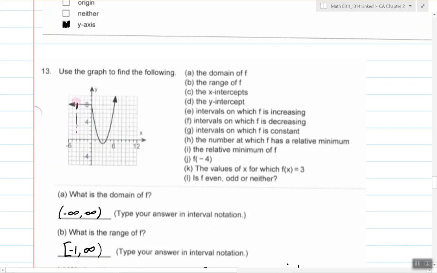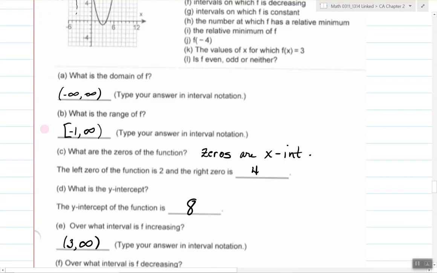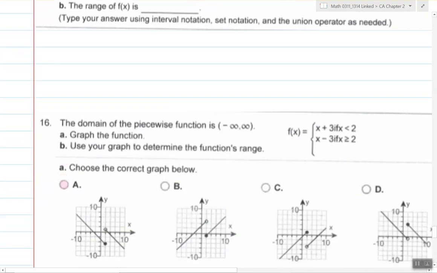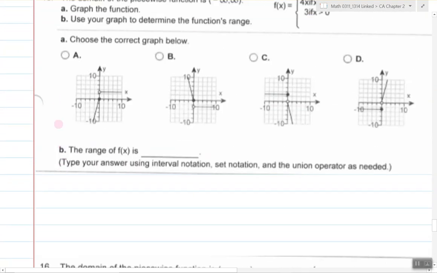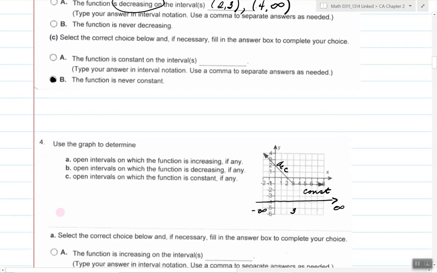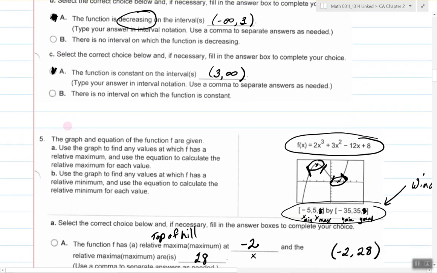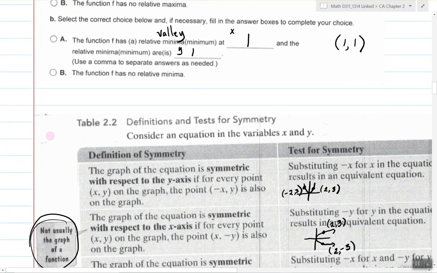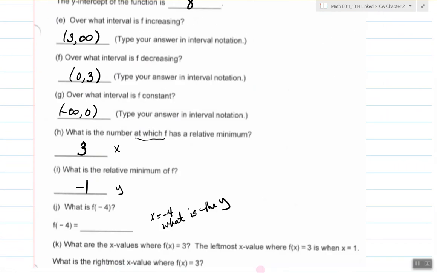So this is the point that is at negative 4. The y value is 8. So f of negative 4 is 8.